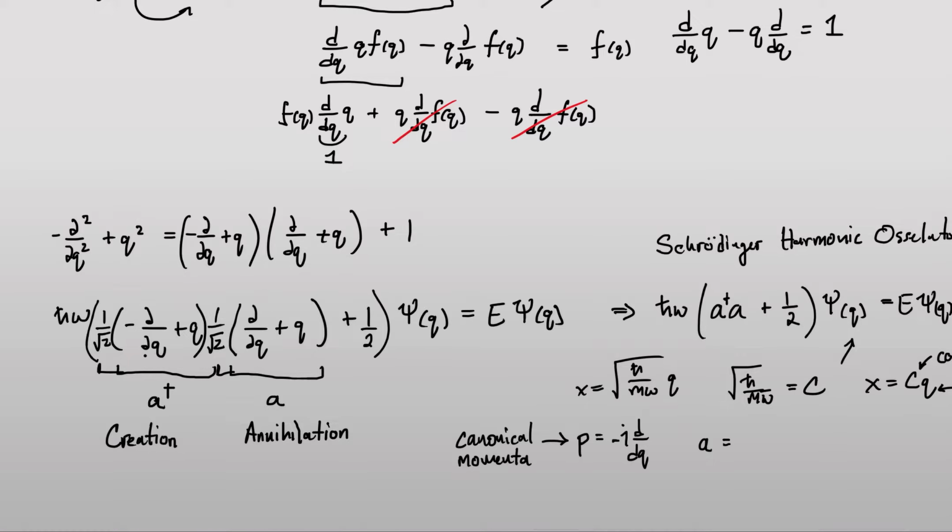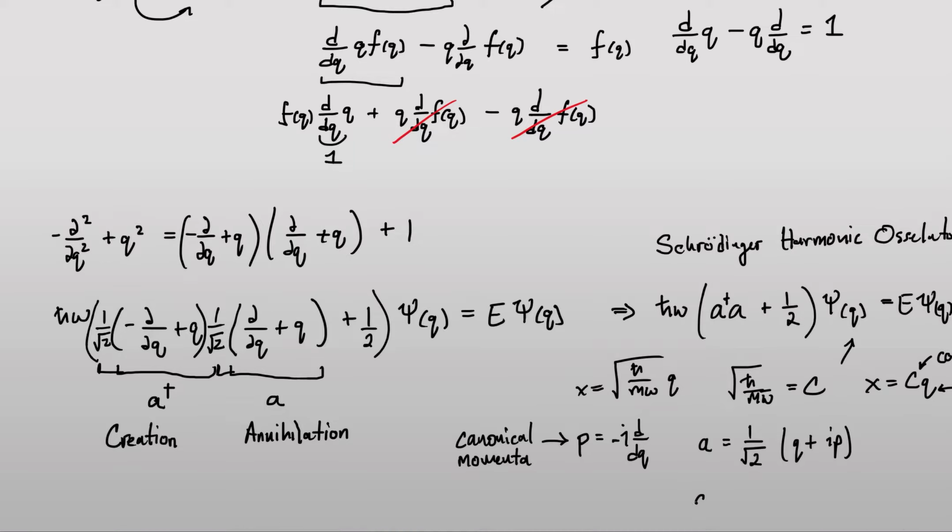I times P. So what we end up getting is that A is equal to 1 over the square root of 2, and we have Q plus IP, because we bring this over. When we bring it over, we make it positive, and we have this right here.